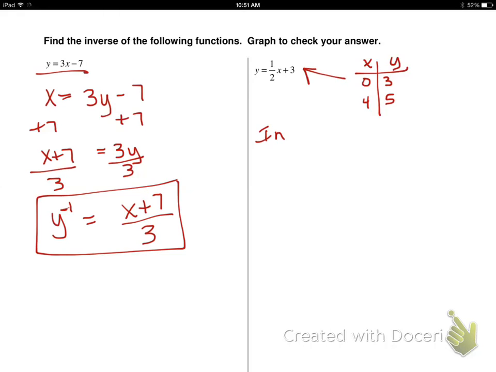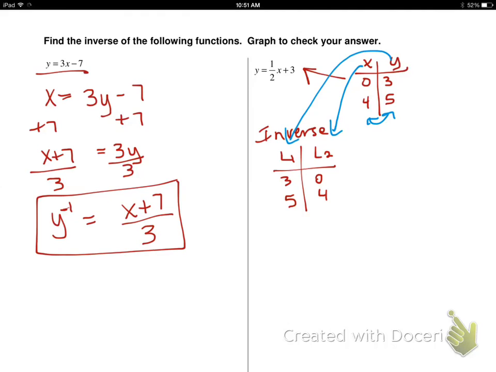So to find the inverse, I'm going to take those points, and what am I going to do with them? I'm going to switch them. So in L1, I'm going to put 3 and 5. In L2, I'm going to put 0 and 4. Okay, so I just took these points and I switched them. So what was in x goes in L2, and what was in y goes in L1.